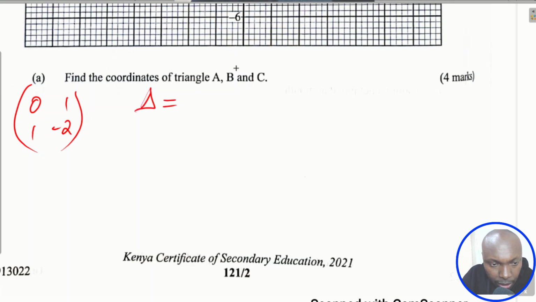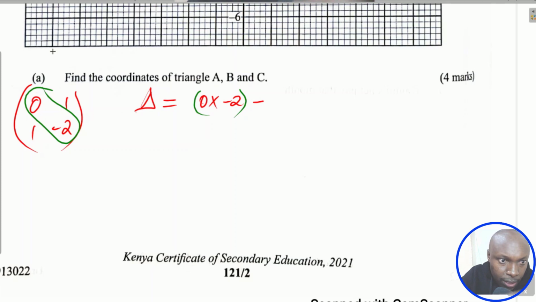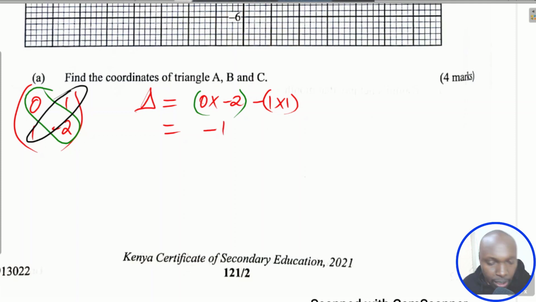The determinant is 0 times negative 2, the product of this diagonal, subtract the product of the other diagonal, which is 1 multiplied by 1. This gives 0 subtract 1, so the determinant is negative 1.